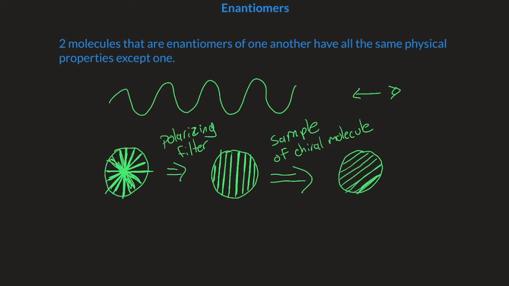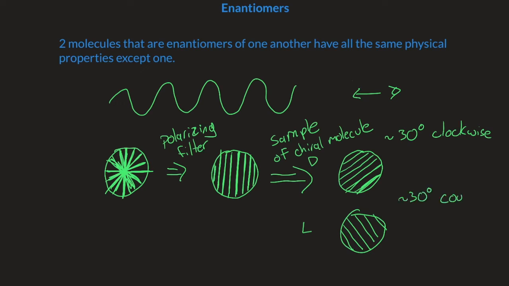And so in this picture, this sample has rotated plane polarized light approximately 30 degrees clockwise. If this sample was one enantiomer, so let's say it was the D enantiomer of alanine, the L enantiomer is going to rotate light the opposite direction. It's going to rotate it approximately 30 degrees counterclockwise.